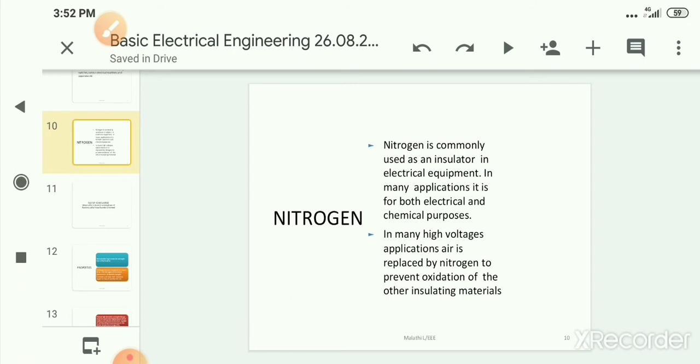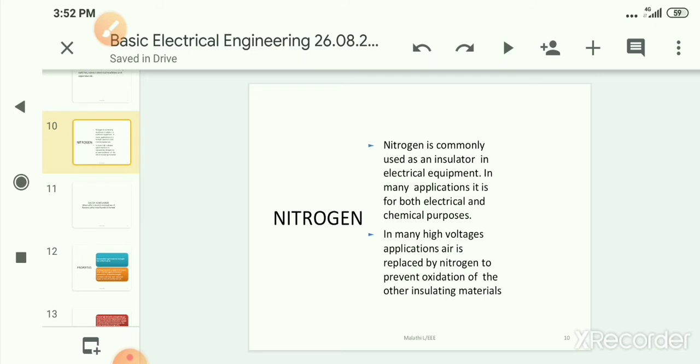It prevents oxidation and sludges also, and in addition to insulating, it gives a cooling medium also, and at the same time it is a safety component in airbags in so many vehicles. Nitrous oxide is used to increase the power of the engine and speed of the vehicles, and it prevents oxidation.